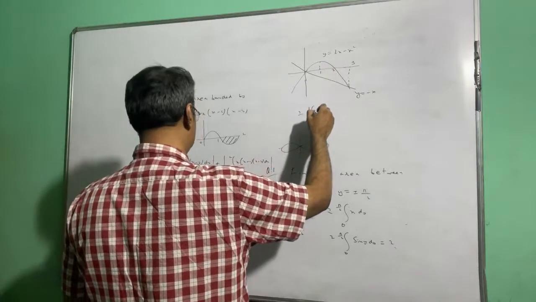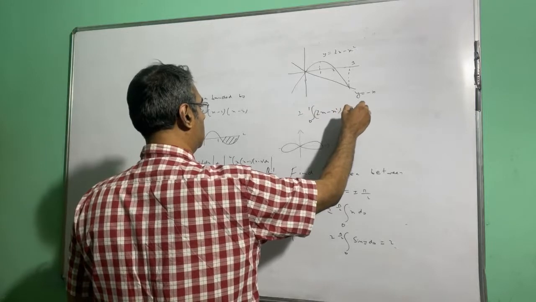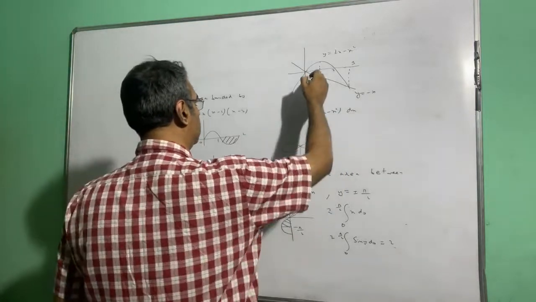So twice integral 0 to 1 of 2x minus x square, that will give you this area.